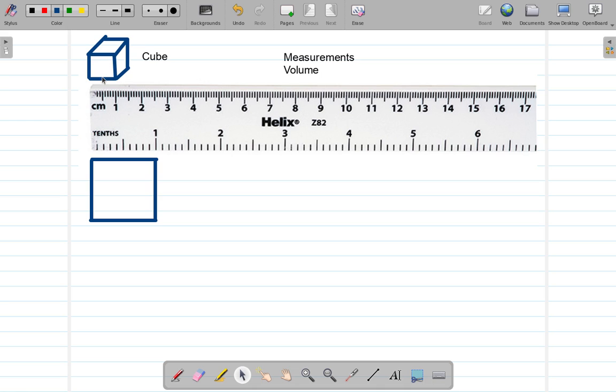Now, since the sides of this cube are 1 centimeter, that is, it's 1 centimeter wide, 1 centimeter high, 1 centimeter long, then the volume is equal to 1 cm times 1 cm times 1 cm.